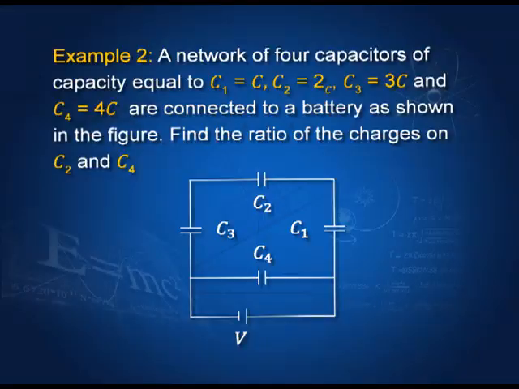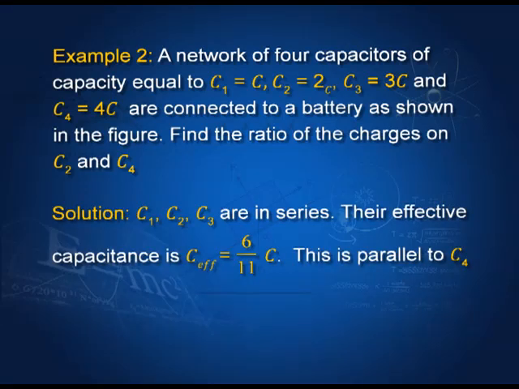In this example, we have 4 capacitors, 3 of them, C1, C2, C3, are in series. Why are they in series? Because the negative plate of this, for example, joins with the positive plate of this, and then the negative of this is joined with the positive of this, and so on. The effective capacitance due to C1, C2, C3 is then in parallel with C4.